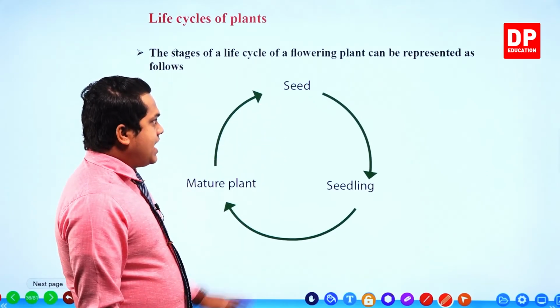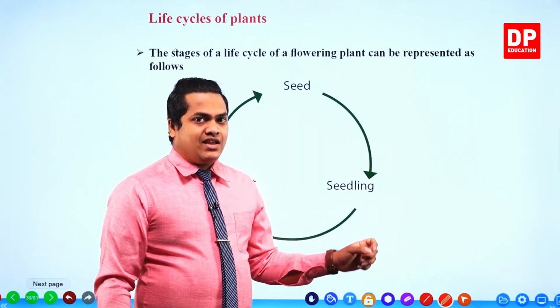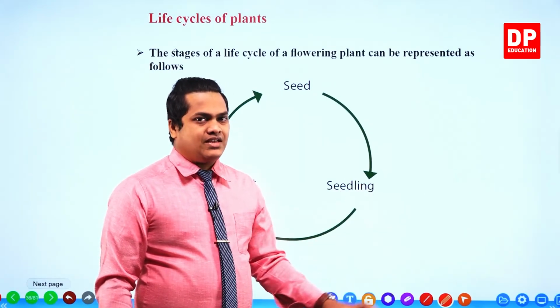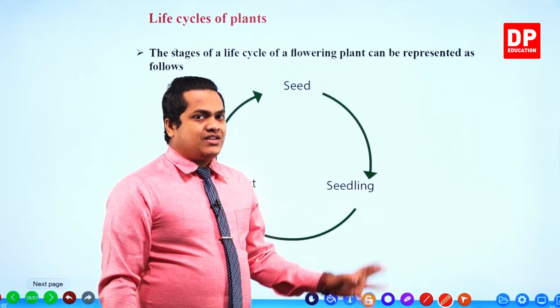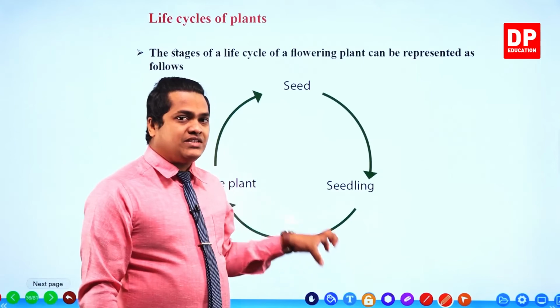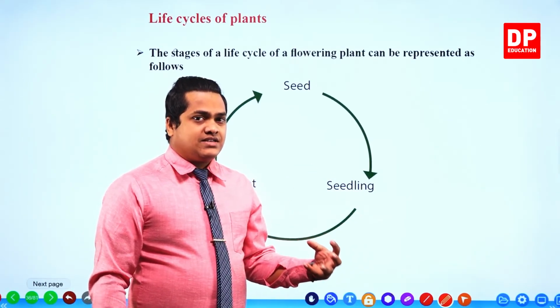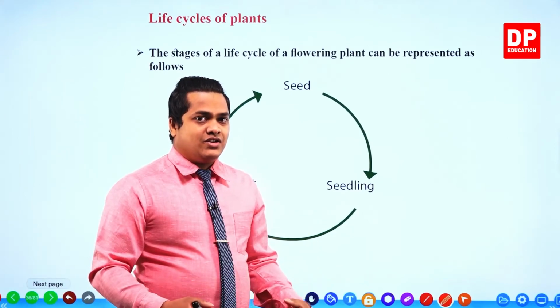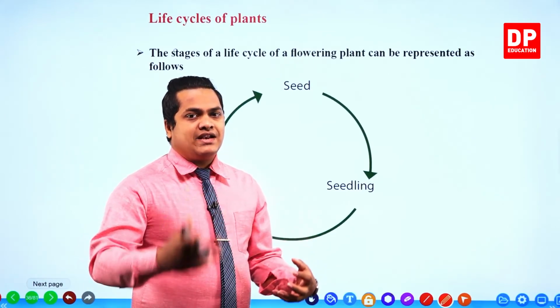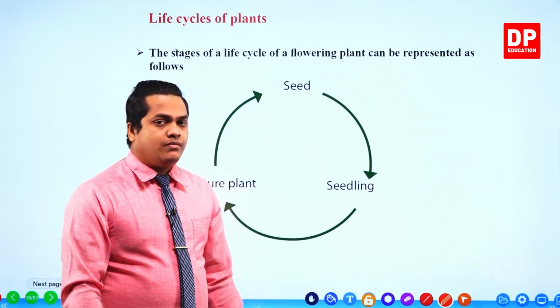Seed, and from the seed, a seedling, right? A seedling or else a small plantlet is coming out. So that small plantlet or seedling is gradually changing by taking nutrition and all necessary favorable conditions, then gradually getting developed into a what? A mature plant. A mature plant.